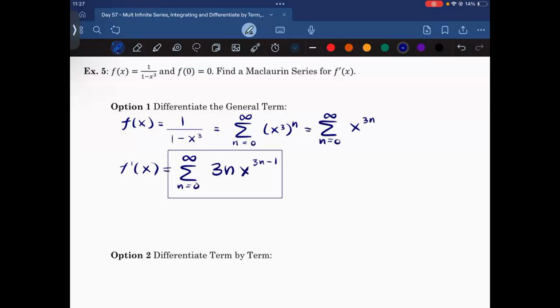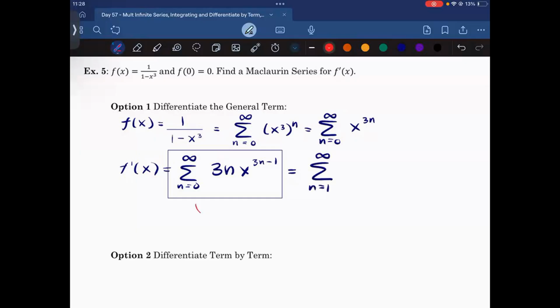Some books do have the first term would be 0, obviously, just because when you plug in 0 right here, it would be 0. So some books may require you to list the non-zero terms like we have been in the past. What you would just do is add the term 1.